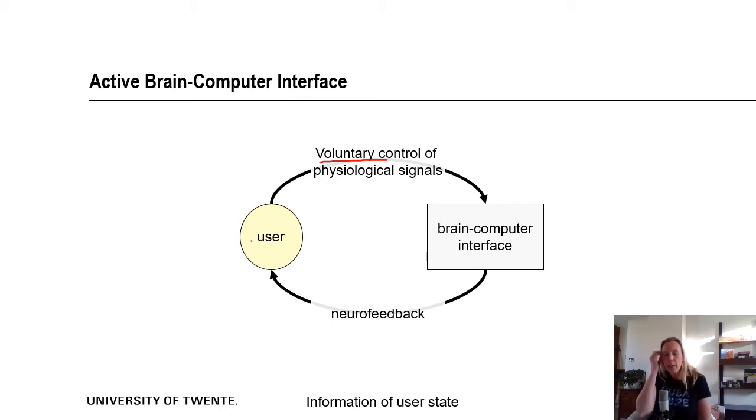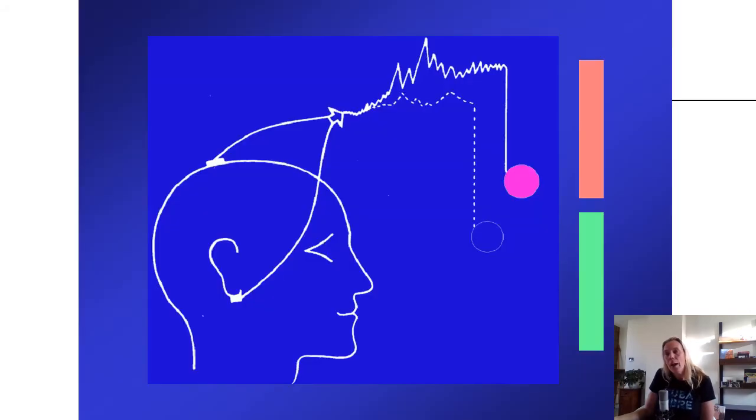So I think of something, and my brain signals are being sent to a brain-computer interface, and the brain-computer interface gives feedback to me as a user, and I learn how to control a device with my brain signals.